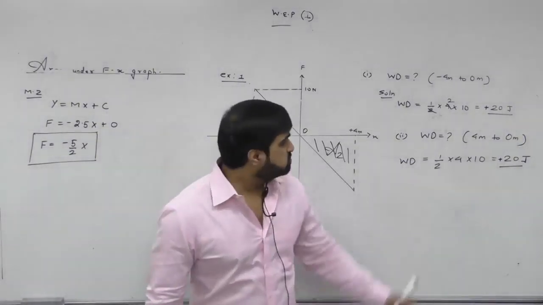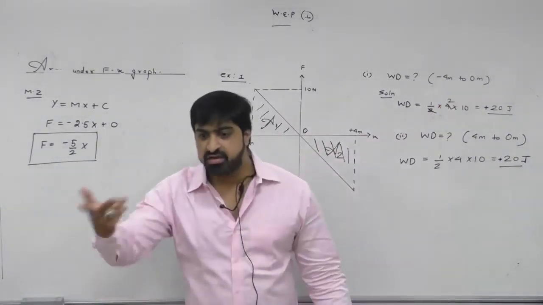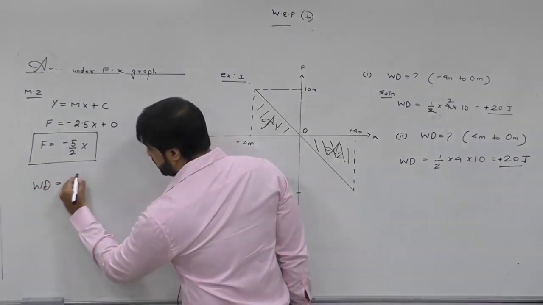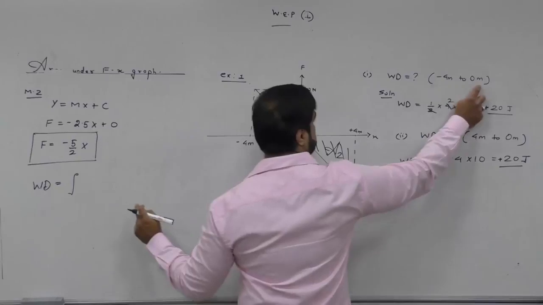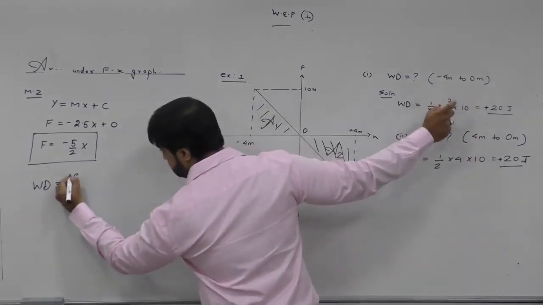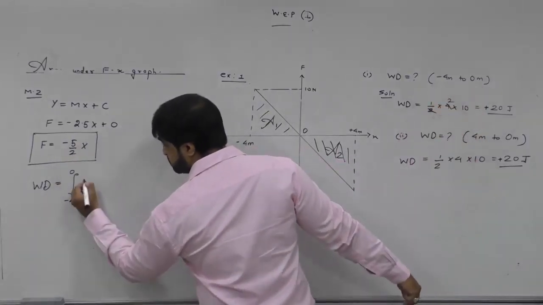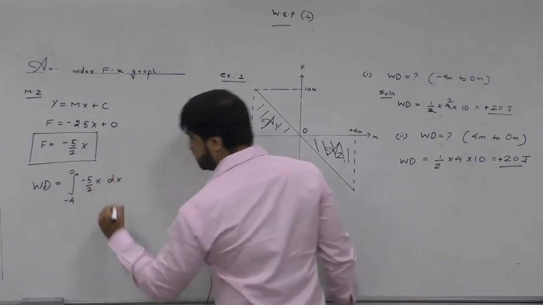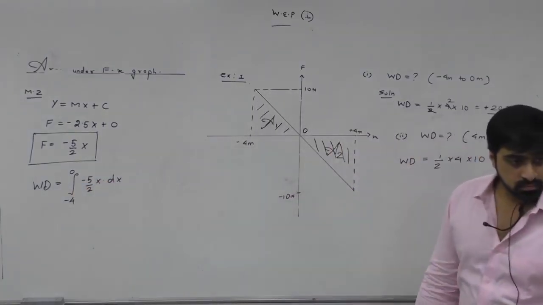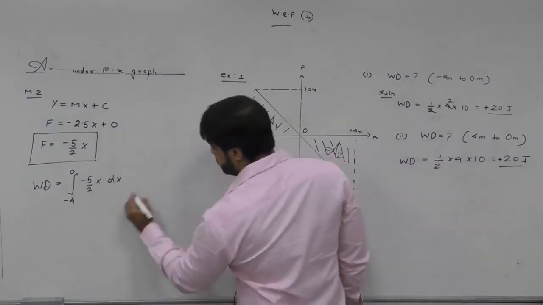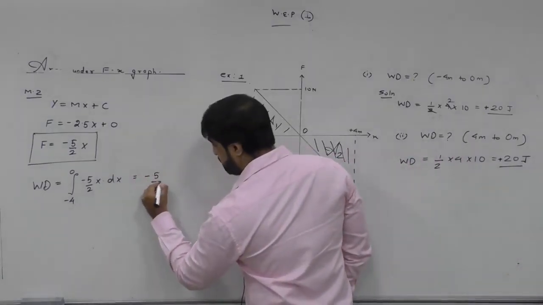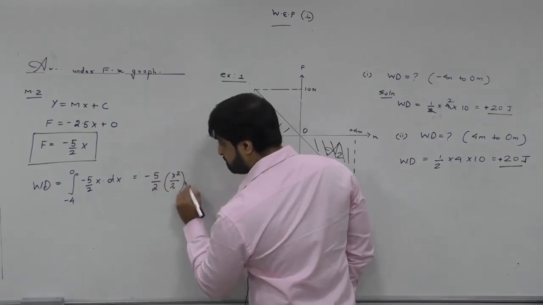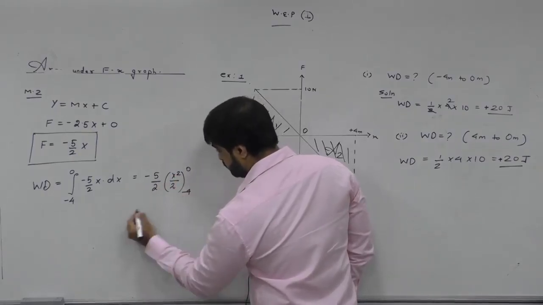Now you want to go from minus 4 to 0, integrate. I'll do the first part. Work done will be the integration from initial to final of F dx. Correct? You integrate and see, it will become minus 5 by 2, x square by 2, from minus 4 to 0.